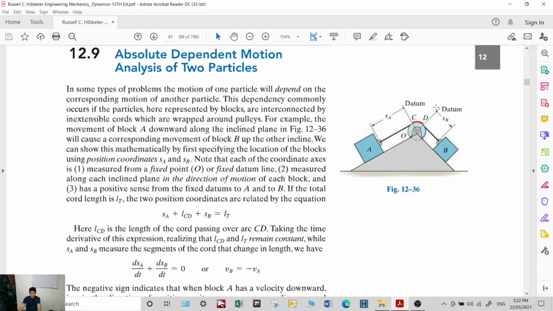As well, you also have to establish a position vector for B, denoted by S sub B.